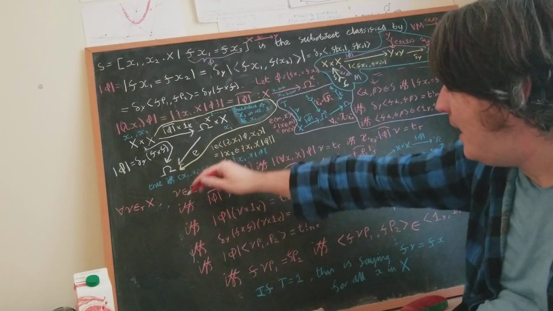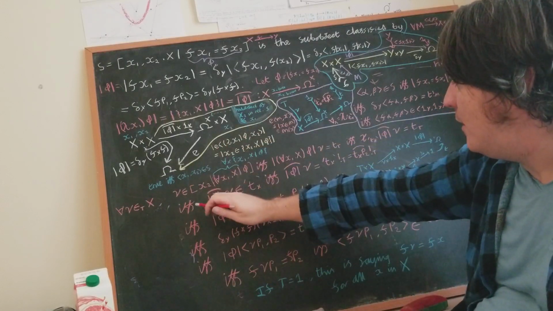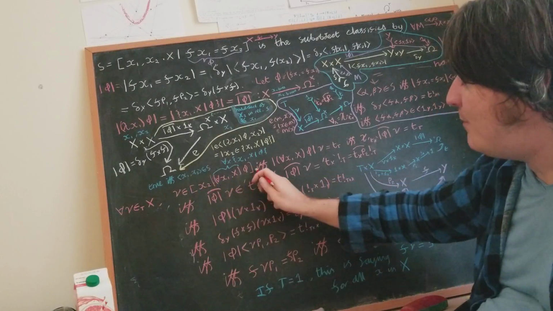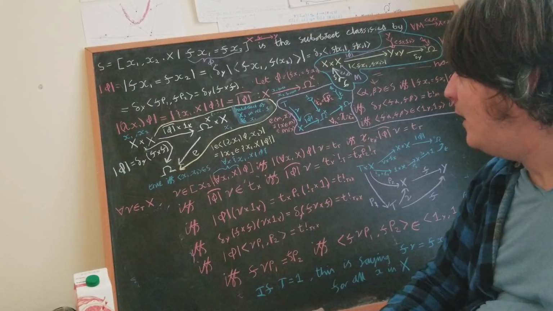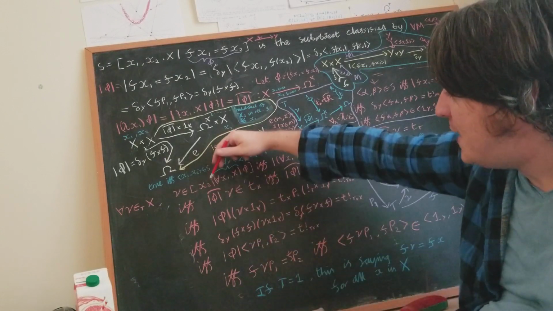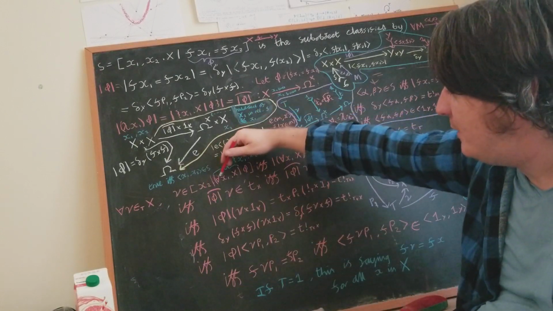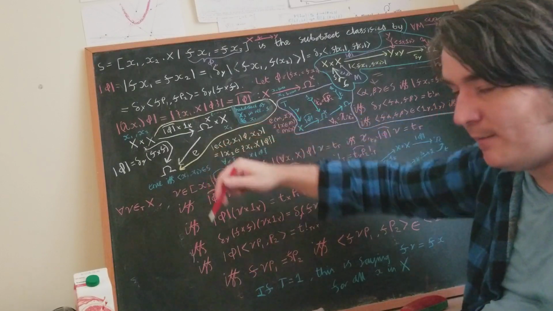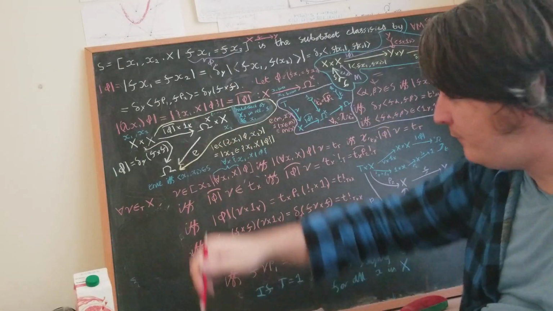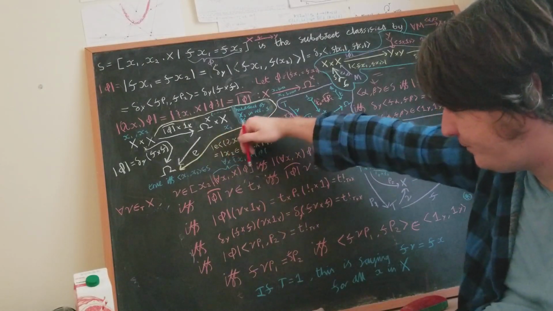But anyway, what we're writing with these square brackets here is we're actually interested in the extension of this. So we want the sub-object which is classified by the interpretation of this term here.